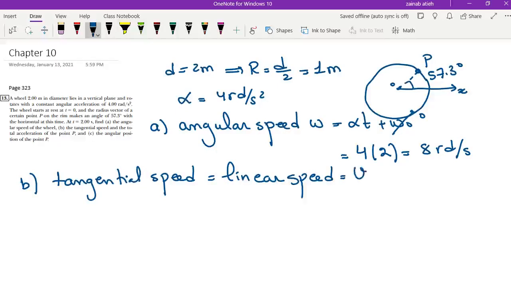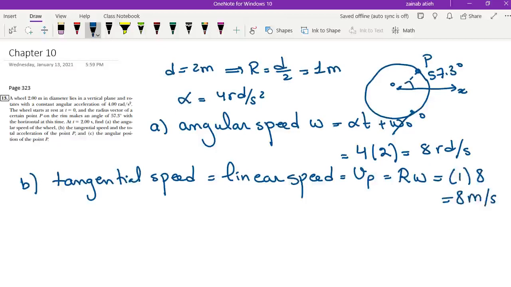So I'm searching the speed of point P. There's a relation between omega and v: v equals r omega. But always the radius is the distance from the point to the origin of rotation. So it's r omega, radius multiplied by omega. My radius was 1, the omega was 8, so it's 8 meter per second.